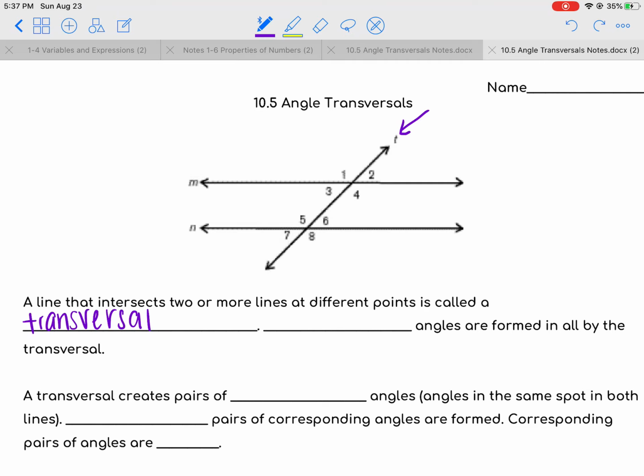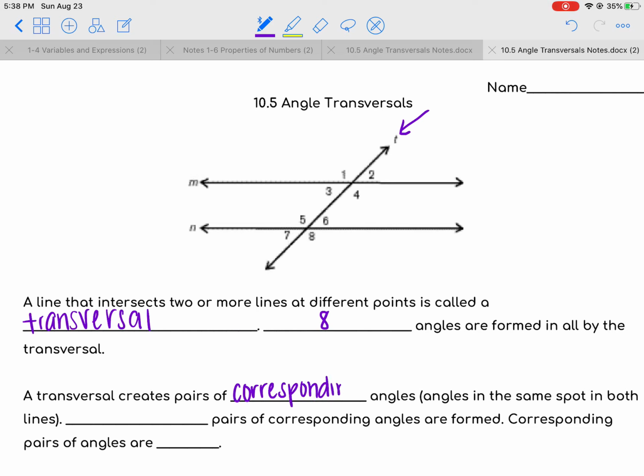There are 8 angles formed in all by the transversal. Notice they are labeled 1 through 8. A transversal creates pairs of corresponding angles. So think about what that word corresponding means.